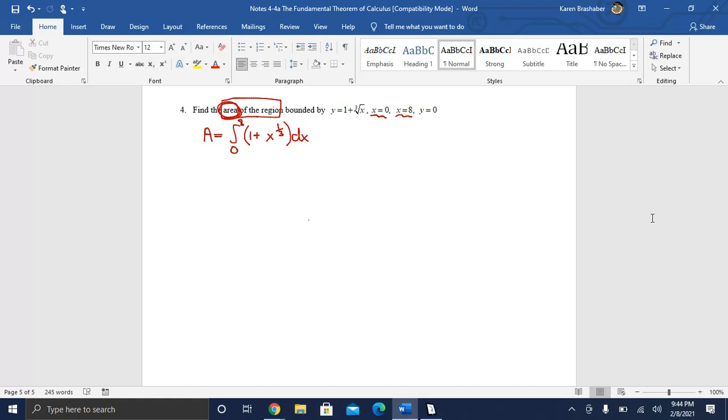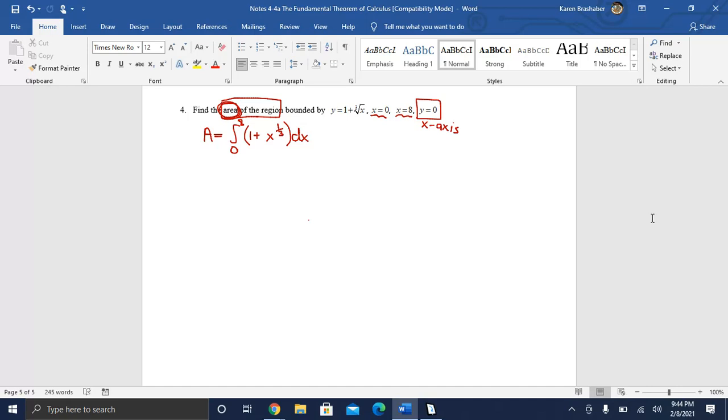And then this is usually thrown in, and that's just the x-axis. That's letting you know that this is bounded by the x-axis. So your area is going to be this integral from 0 to 8. That will give you under the curve and above the x-axis.